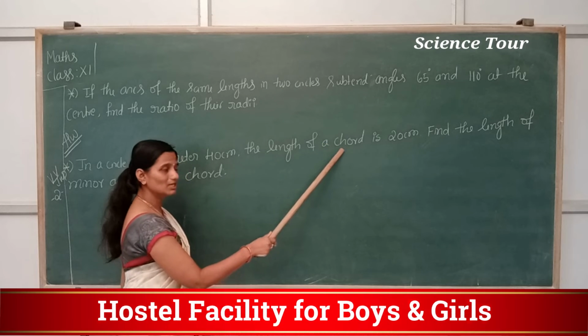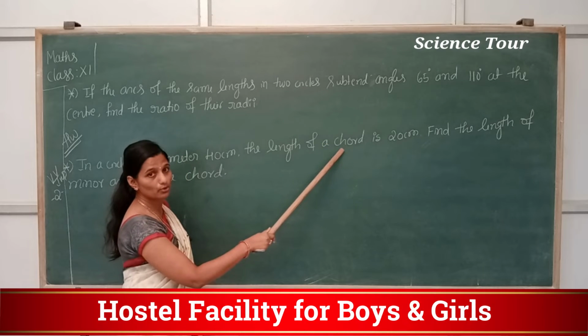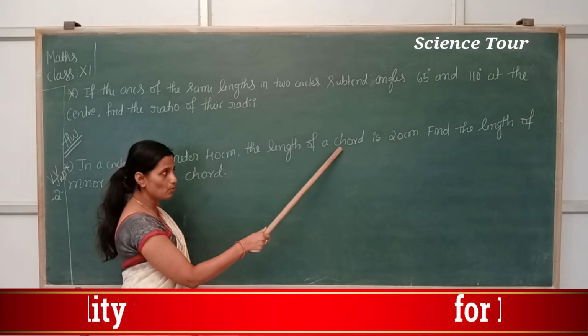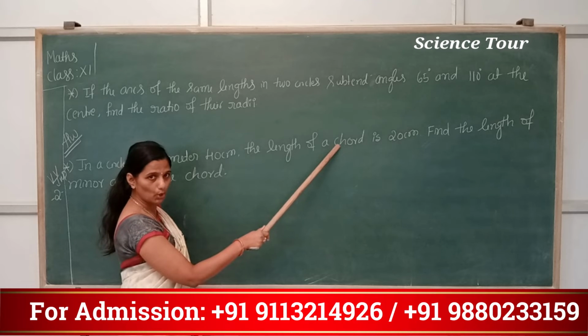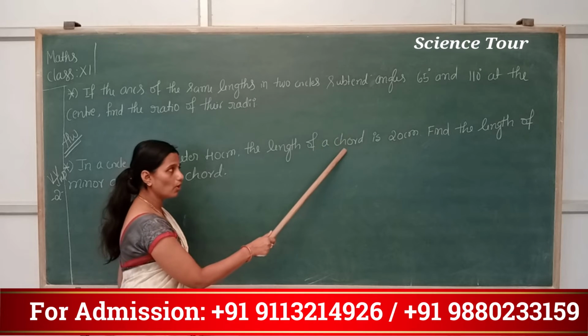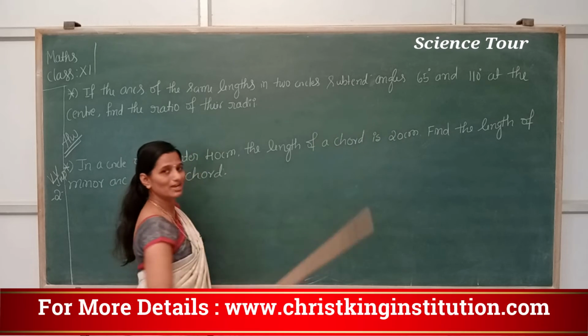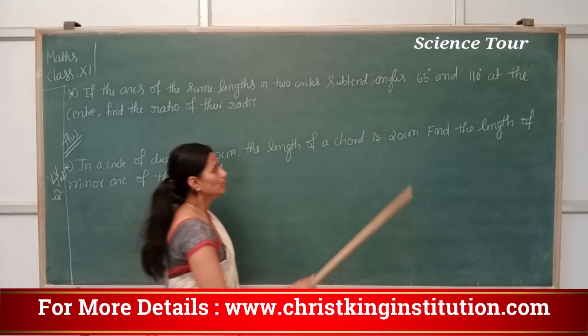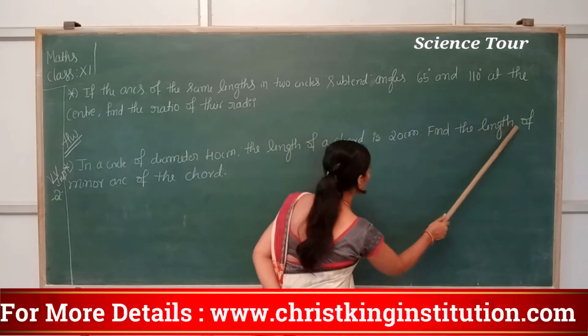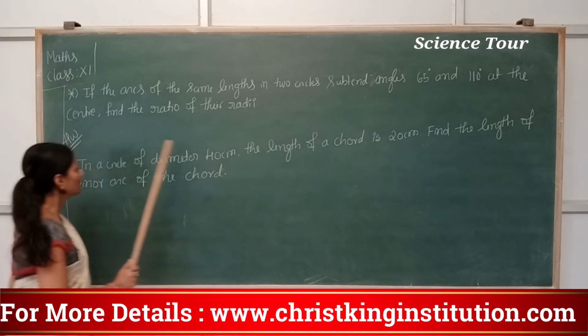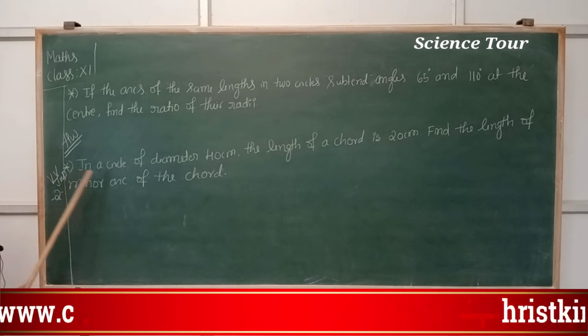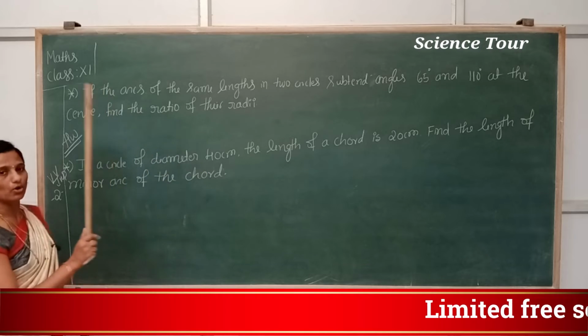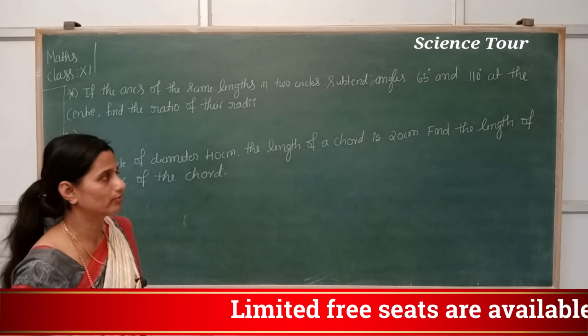You know the definition of chord of a circle, right? The chord of a circle is given as 20 centimeter. Now what is to find? Find the length of the minor arc of the chord.